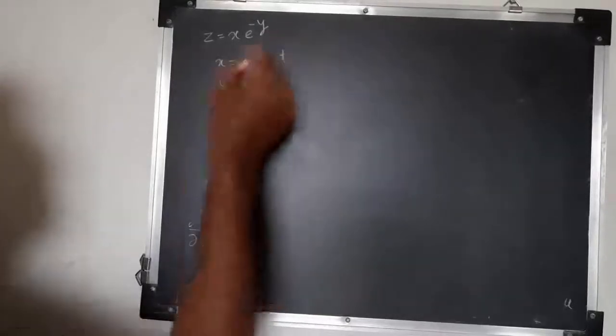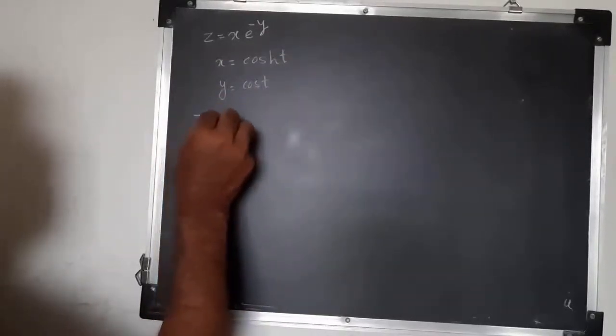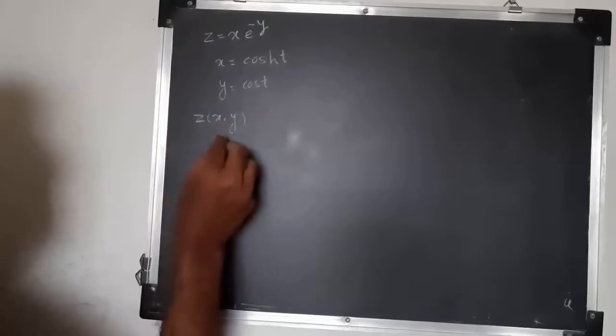So here z is a function of whom? x and y, and x is a function of whom? t.